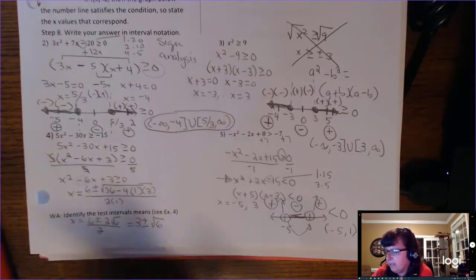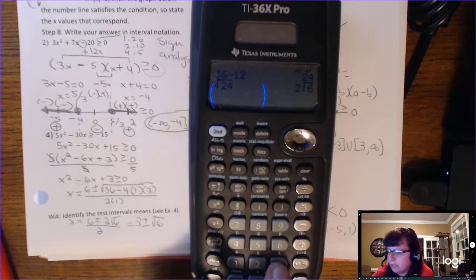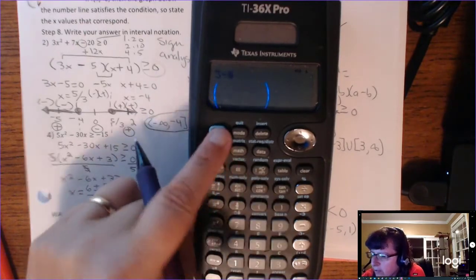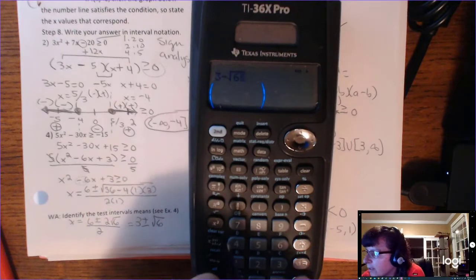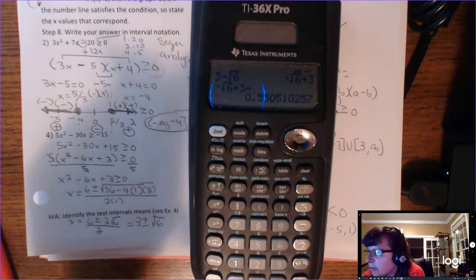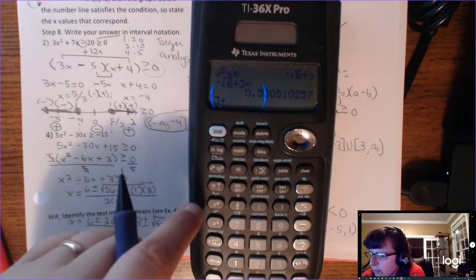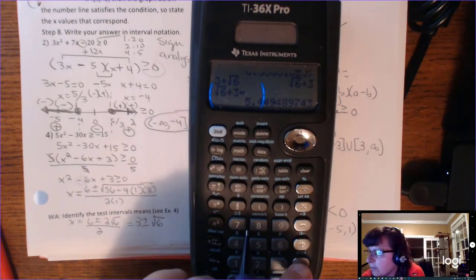Okay, so I mean, we want our answers to be exact, but they're just numbers. 3 minus square root of 6 is approximately 0.55. 3 plus the square root of 6 is approximately 5.44.